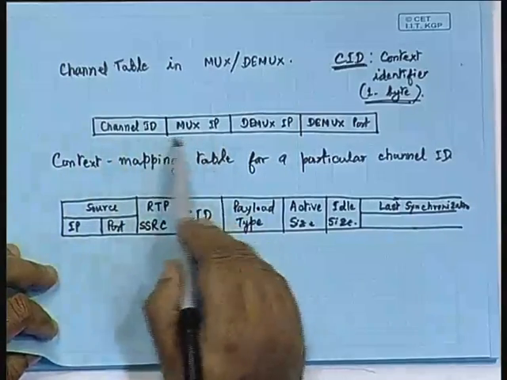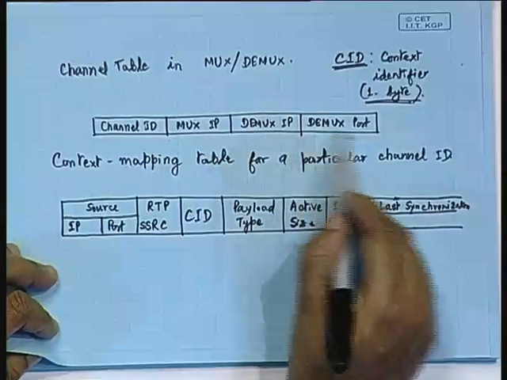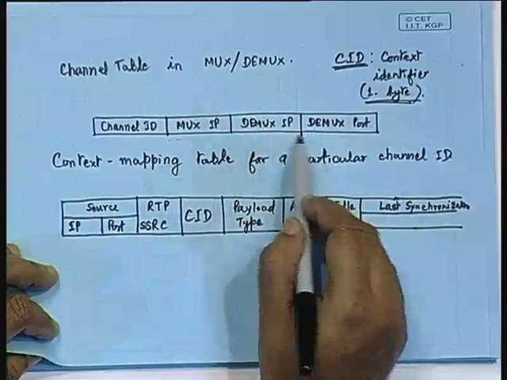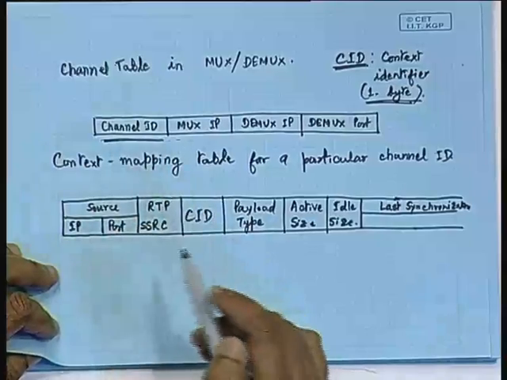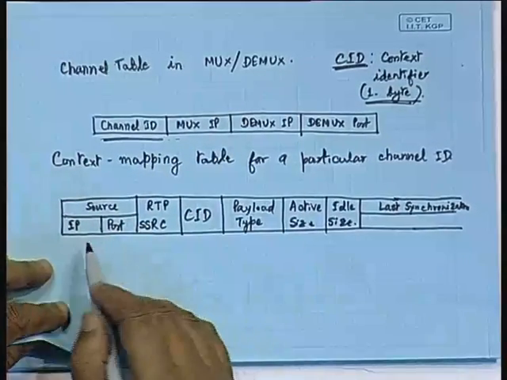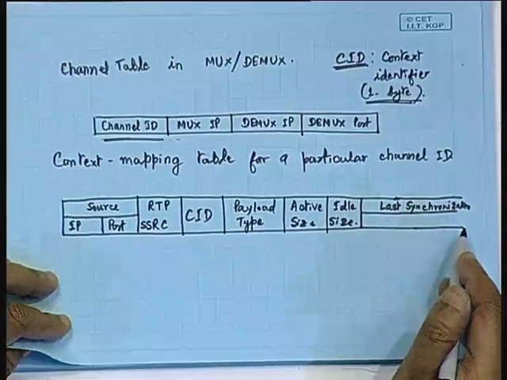So, each multiplexer and demultiplexer combination, with the demultiplexer port number of course, would have a unique channel ID, and for every channel ID there will be a context mapping table like this in the multiplexer.